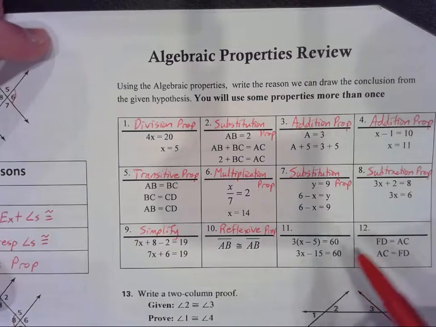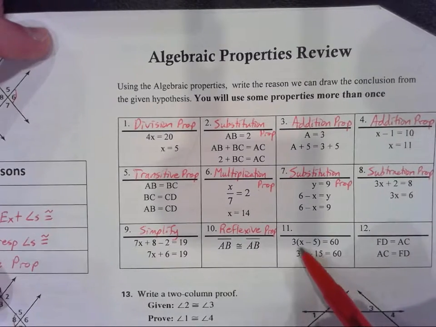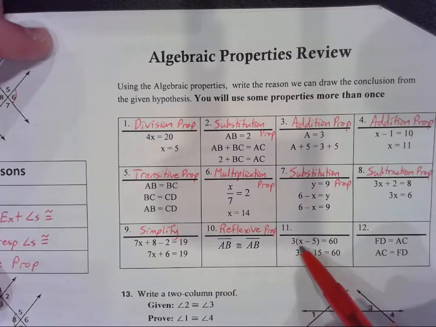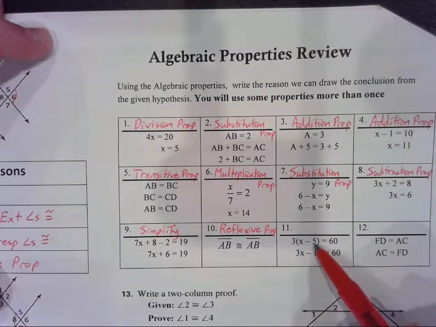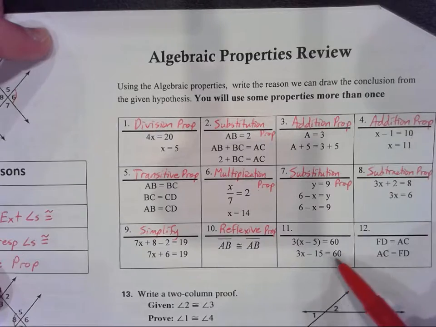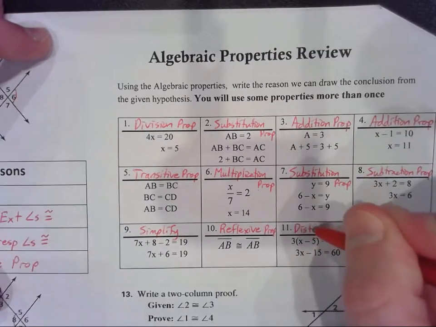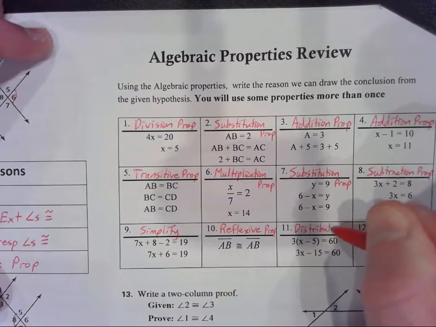Number 11, I see the parentheses are in the first line, but they're not in the second line. 3 times x is 3x, 3 times minus 5 is minus 15. The 60 didn't change. All I did was distribute. Distributive property.